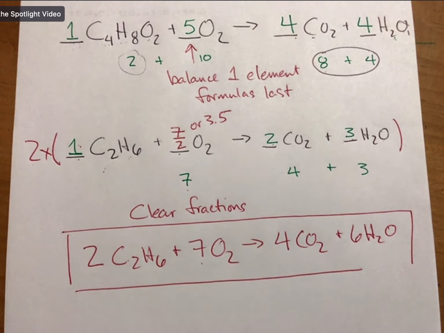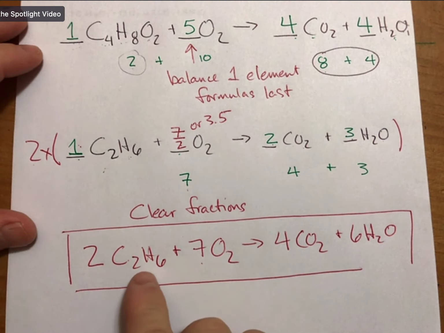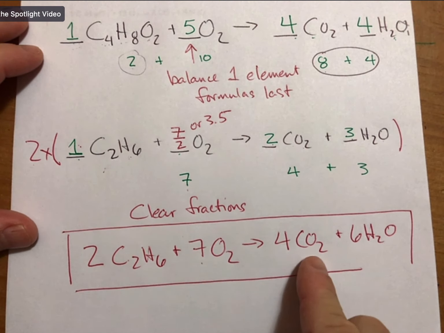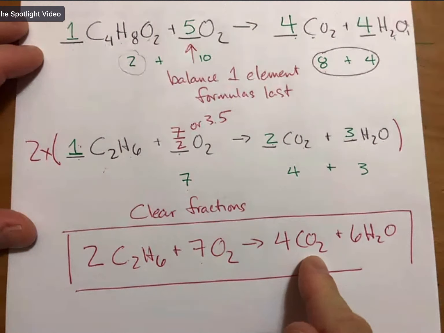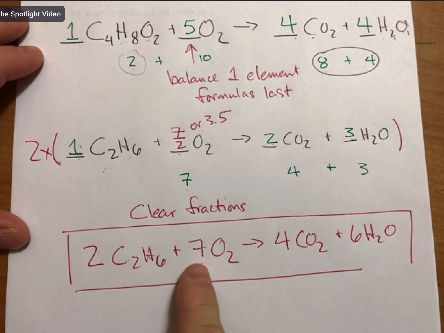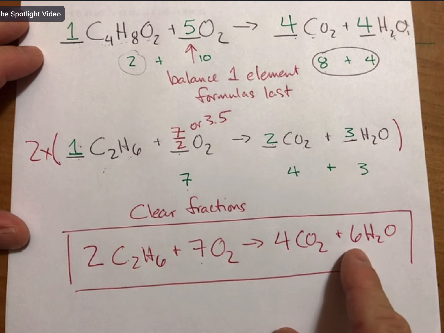Why don't you multiply the C2 by 2? Here, the C2? Good question. So the way that chemistry works is that these formulas cannot be changed. The only thing we can change to balance this are the coefficients in the front. Okay, all right.